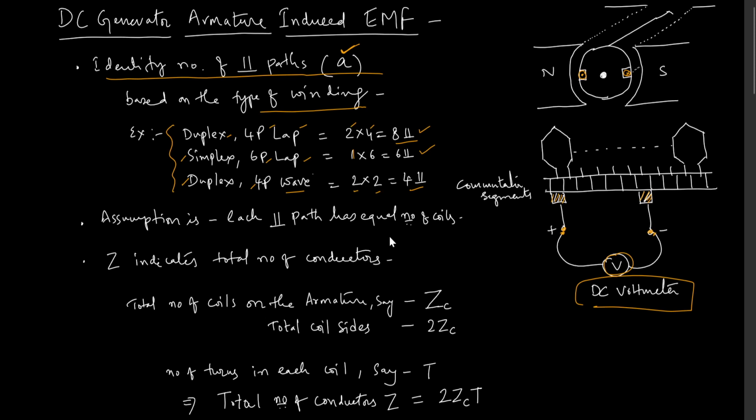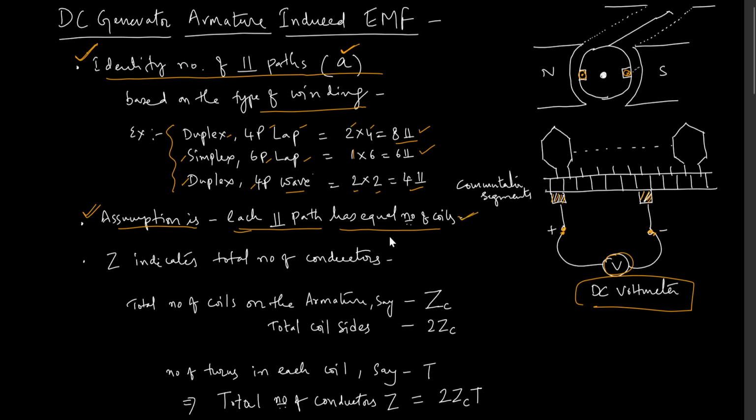So we first identify the number of parallel paths in a winding, and we assume that each parallel path has an equal number of coils, right?